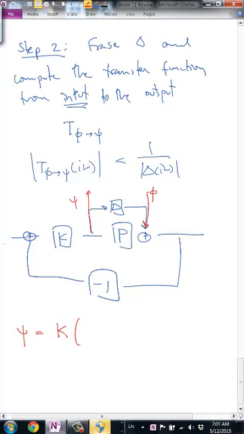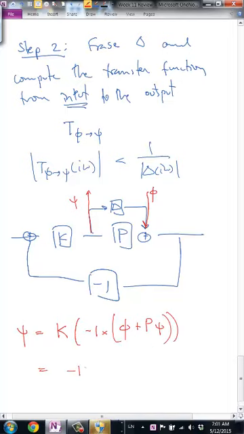This is the usual thing when we're computing the transfer function from one input to one output, we ignore all other inputs. So psi is equal to K times whatever goes into it. What goes into K? Minus 1 times phi plus P times psi.